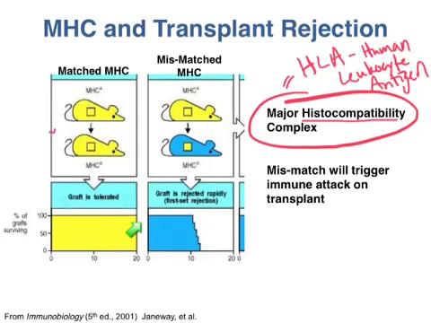But if you take that same skin graft and put it on a genetically different mouse, and the same holds true for humans, that graft may be fine for a while, but it'll eventually get rejected. And the skin graft turns all necrotic and basically dies. So for a successful organ transplant, you match MHC as closely as possible, but you still will likely need to put the recipient on immunosuppressive drugs just to make sure that that organ survives.